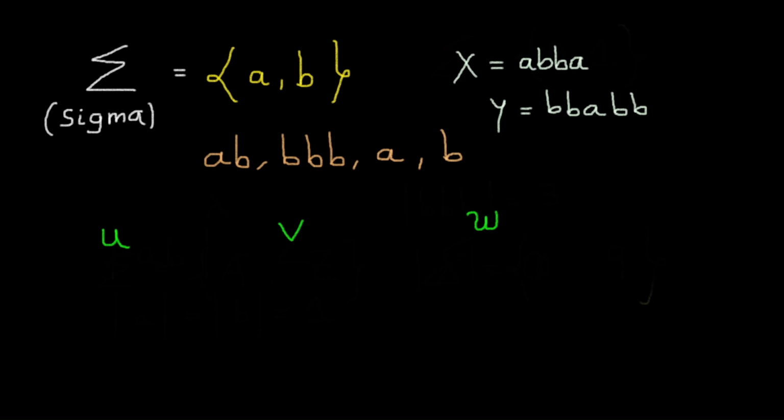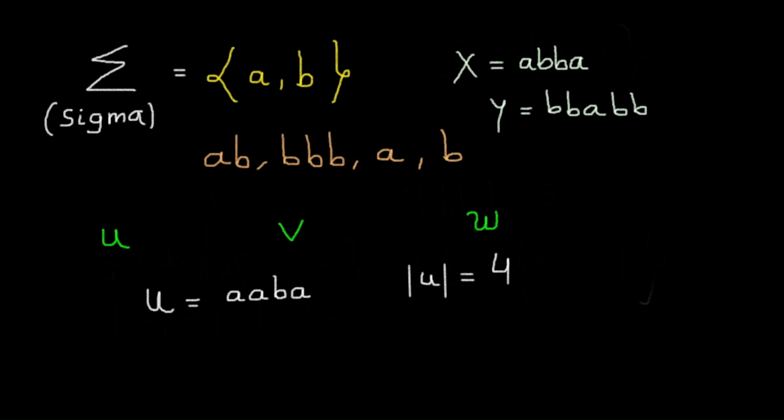So basically we can pick any symbol we want to represent this word. In this case, if the word U is the word AABA, then when we compute the length of U, it is evident that this length is going to be 4, because we have 4 symbols in this word.